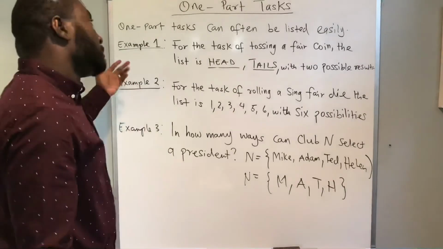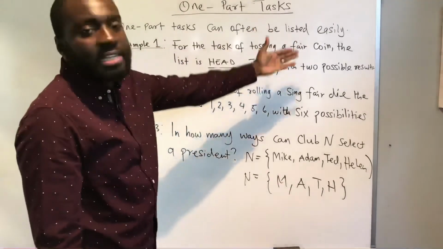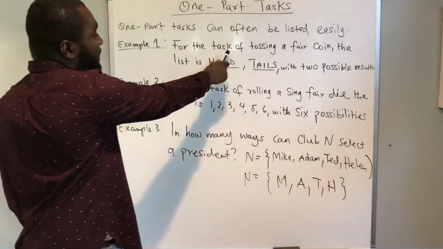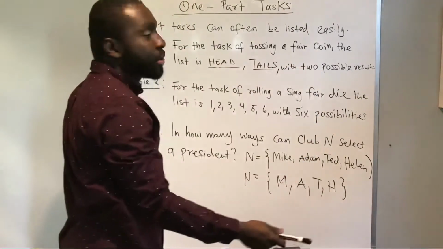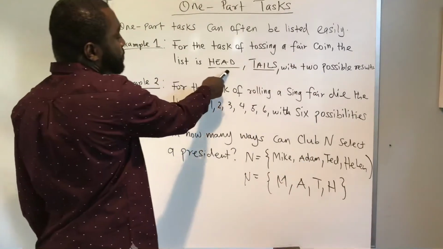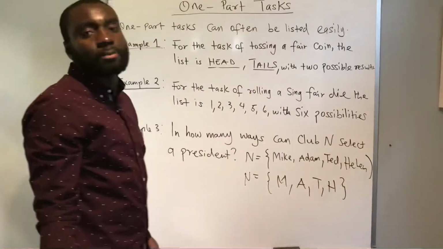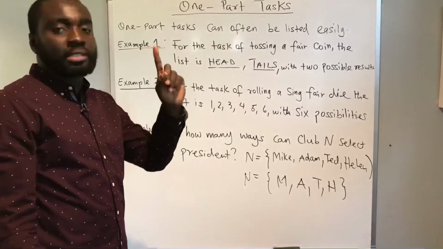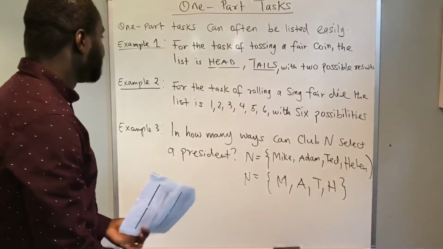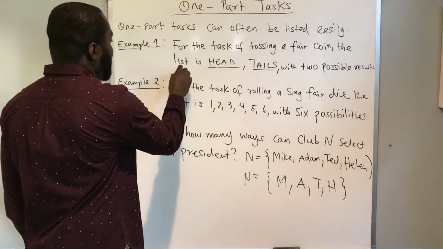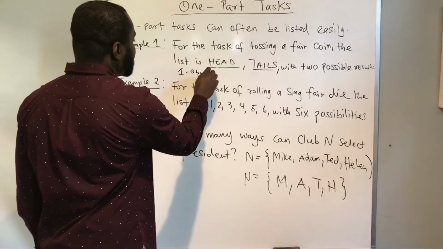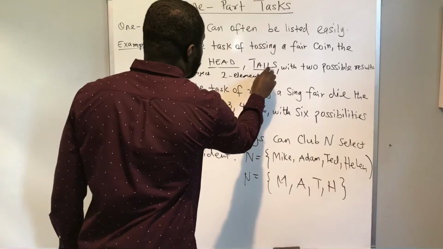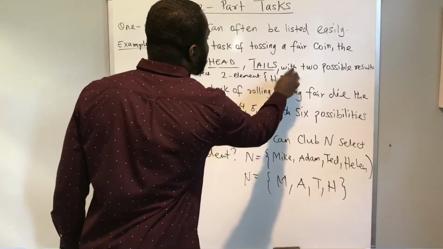So 1-part tasks can often be listed easily, like the examples that I showed you. For the task of tossing a fair coin, a quarter, the list is head and tail, with only 2 possible results. So a quarter is just 1 object with 2 elements. And what are the elements? Head and tail. That's it.